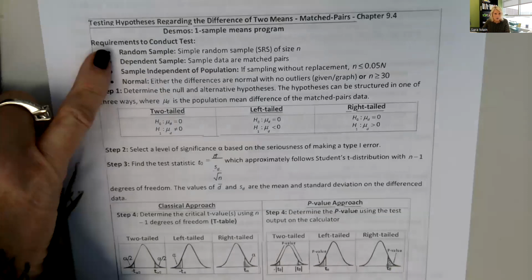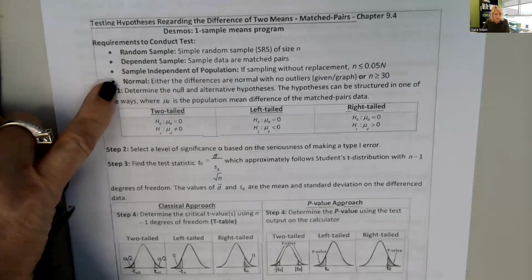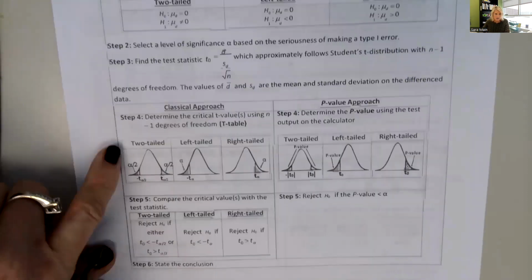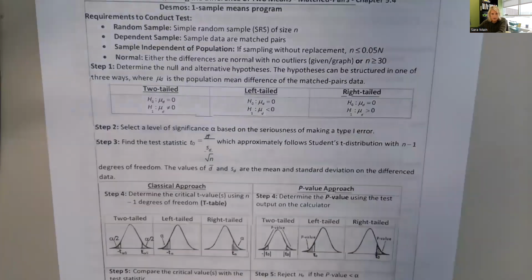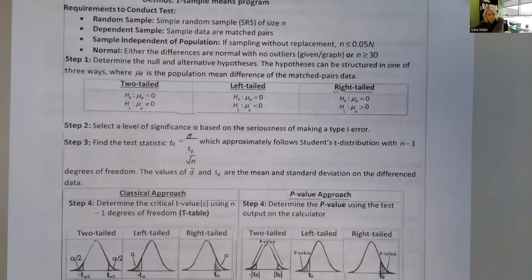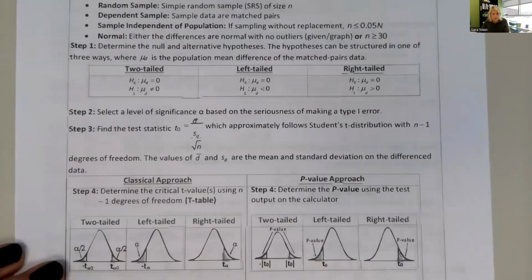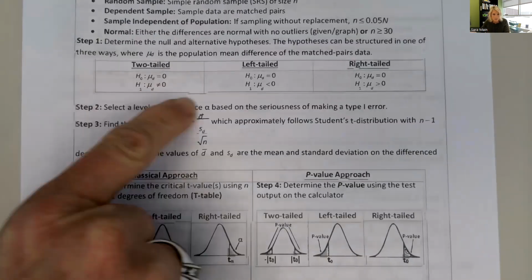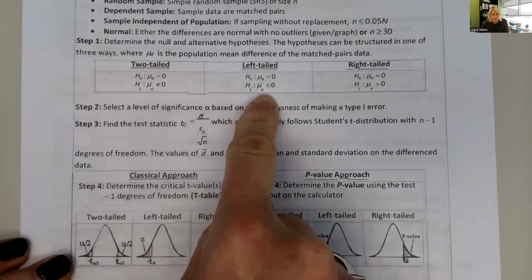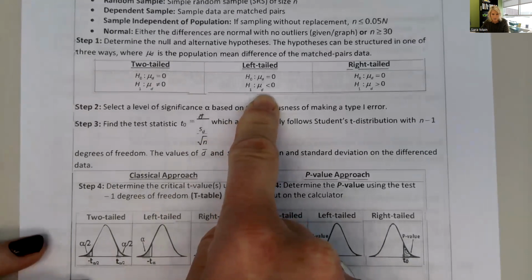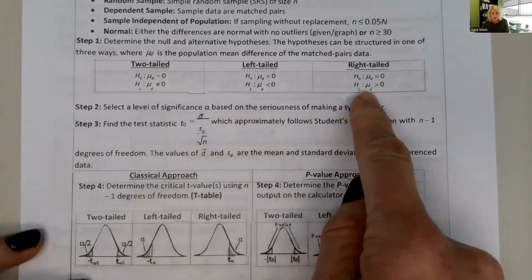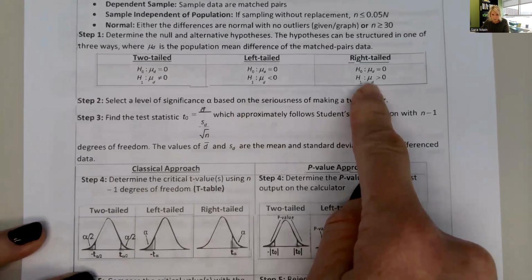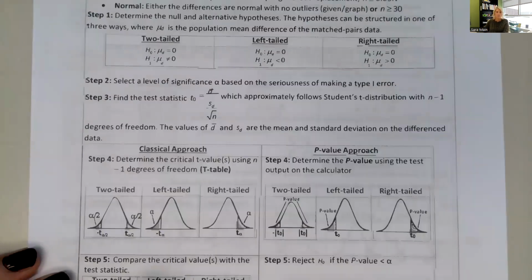So here are the 4 requirements which we've been using. And these are our 6 steps, which should look very similar, except for now in our hypothesis statement, we're just testing to see if our differences are equal to 0, if our differences are negative, meaning our befores are less than our afters, or our differences are greater than 0, where befores are greater than our afters.